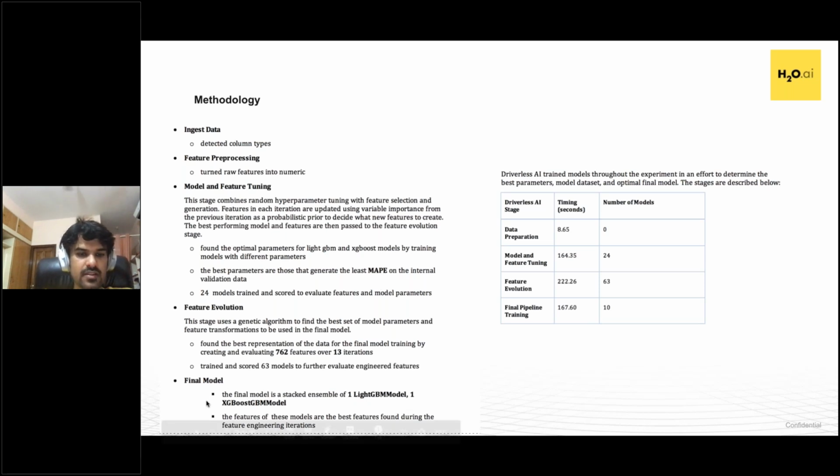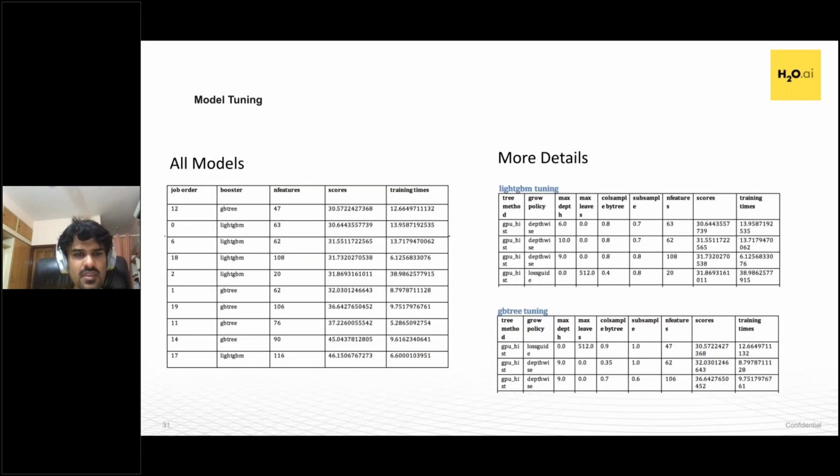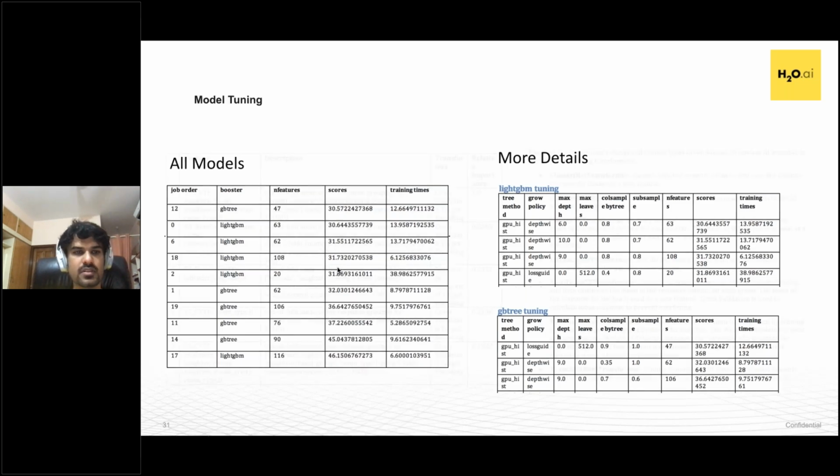The final model here is a stacked ensemble of one LightGBM model and one XGBoost model. So in the feature evolution and the final model, we'll see the details of one LightGBM model and one XGBoost model. But in the previous example, there were just two LightGBM models. Here again, during the model tuning, what all was tried is documented.